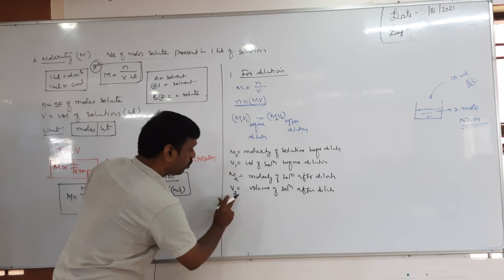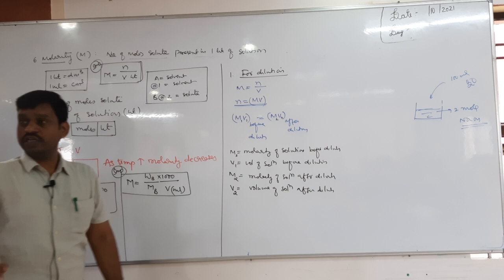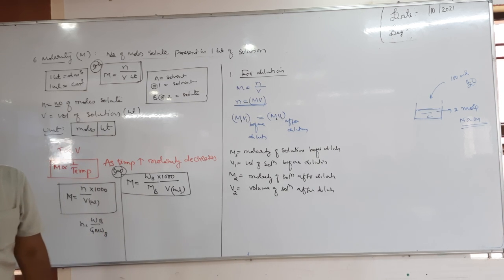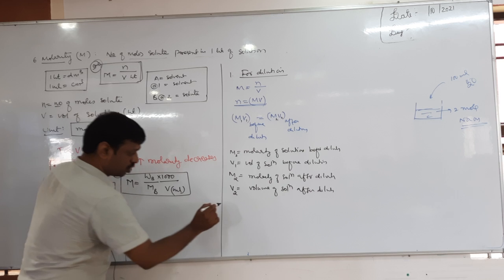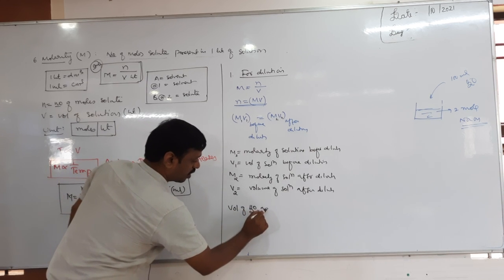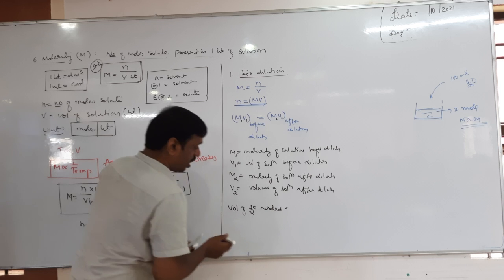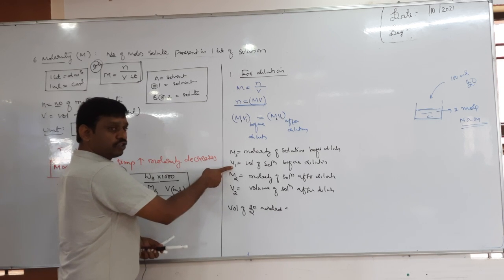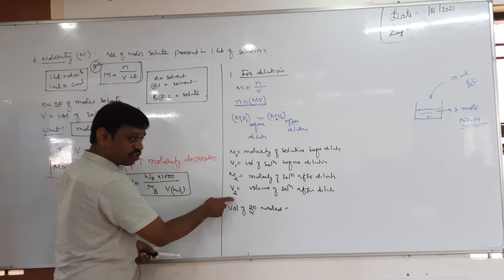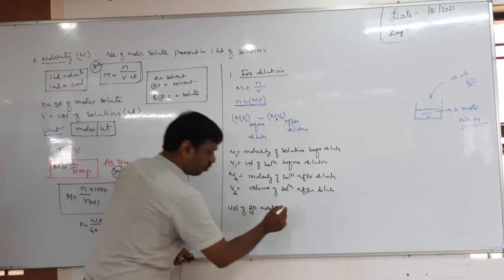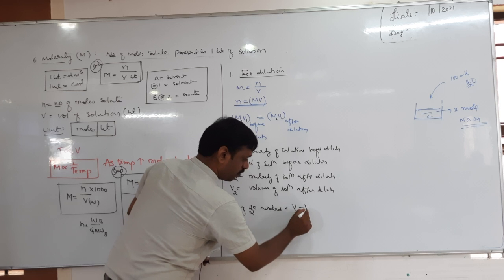See, this V2 is the volume of solution after dilution, but sometimes they ask what is the volume of water added. So how do you calculate how much volume of water is added? Before dilution, how much volume is there? After dilution, how much volume is there? Then V2 minus V1. V2 is greater, V1 is lesser.